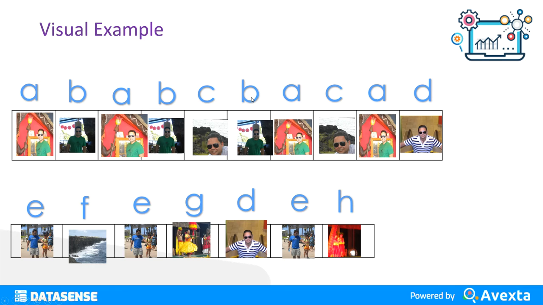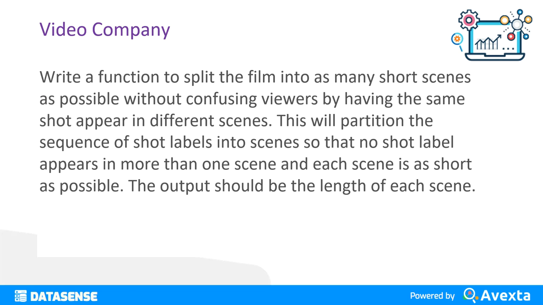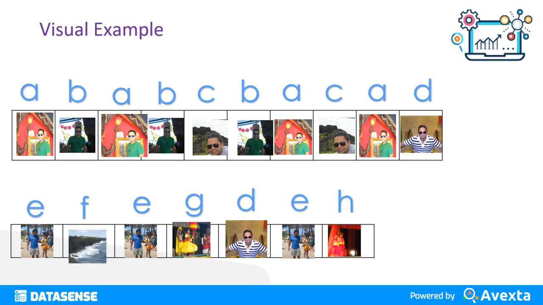So that's why, if we go back, it says you don't want to confuse the viewers by having the same shot appear in different scenes. So this shot appeared in this scene, right? And if I stop the scene somewhere over here, you're going to confuse the viewers because B appears again.